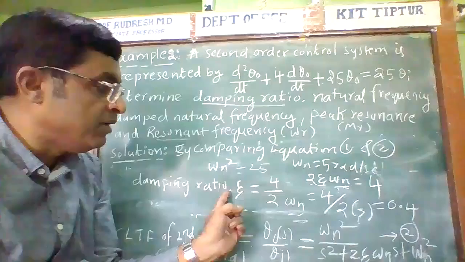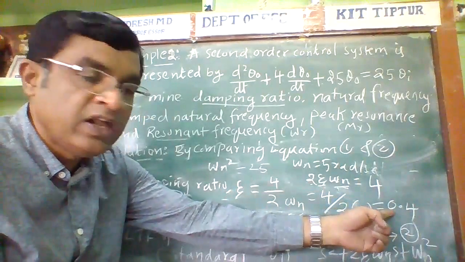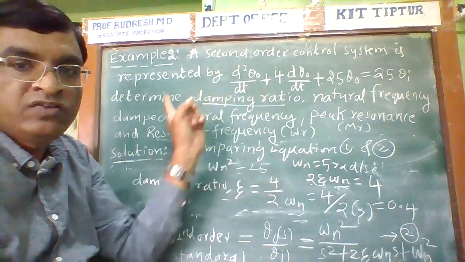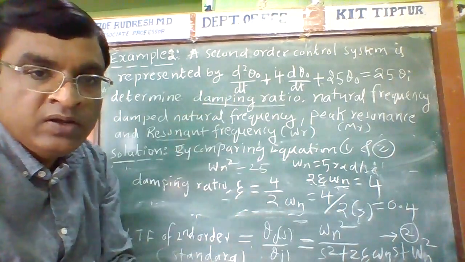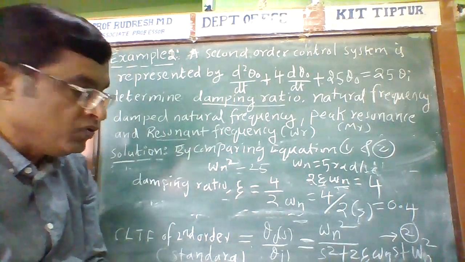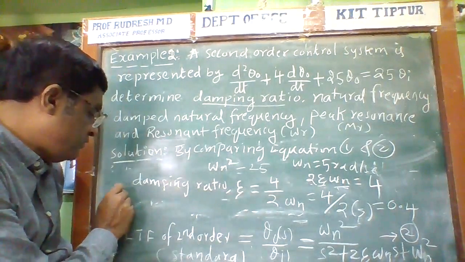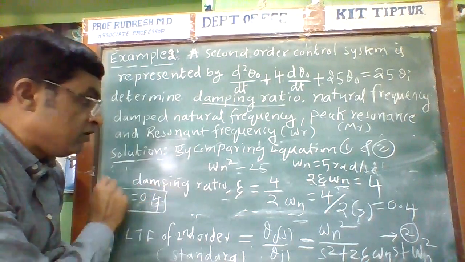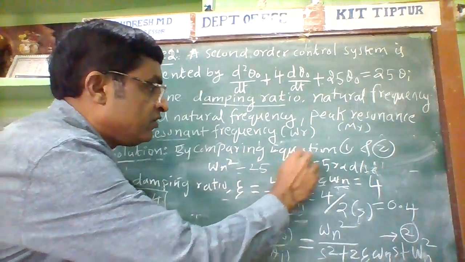So this particular second order system is an underdamped system, and zeta is equal to 0.4. We have calculated this also.